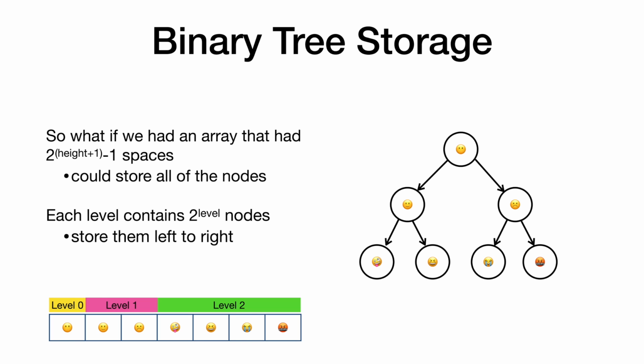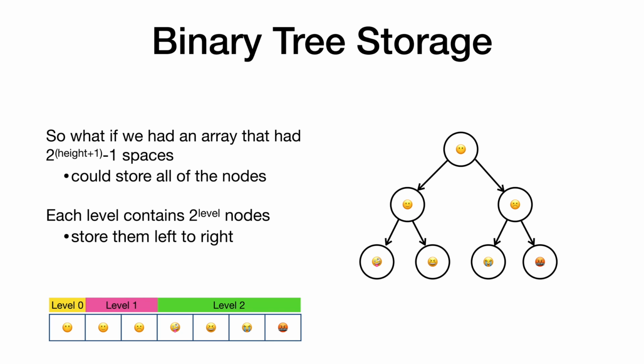So in that way, we can store them all, and if we wanted to, we could reconstruct the tree, right? We could put this guy at the root, and then we know its 2 children, and we know those 2 children's 4 children, and we know those 4 children's 8 children. Right?